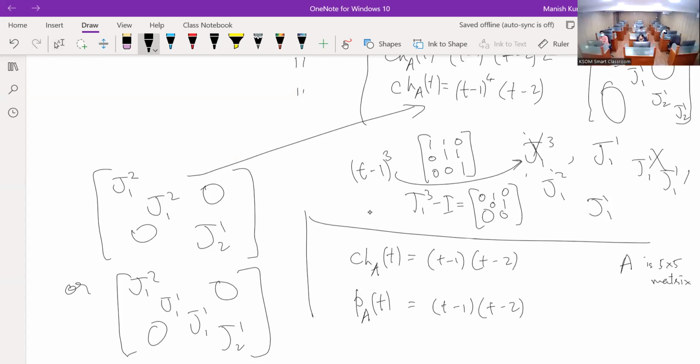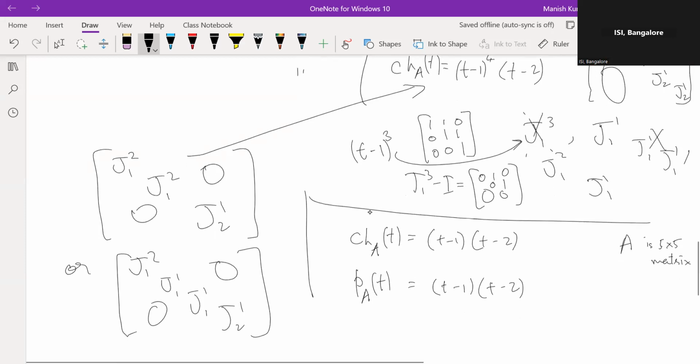Sir, I don't think the exponents are uniquely determined. Yeah, but give me one example is what I'm trying to say. 3, 2, 1. Say that again. So you are giving me the exponents of the minimal polynomial or the characteristic polynomial?